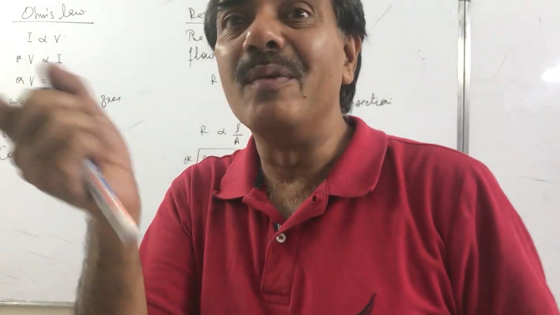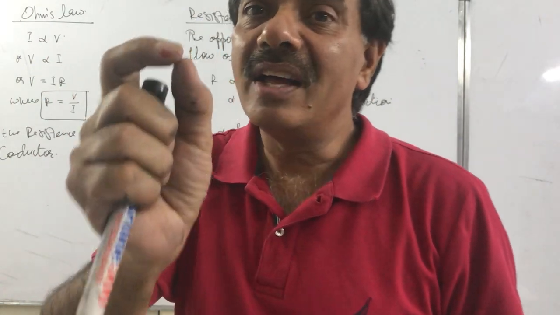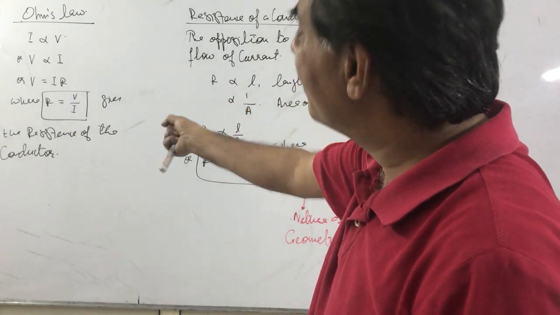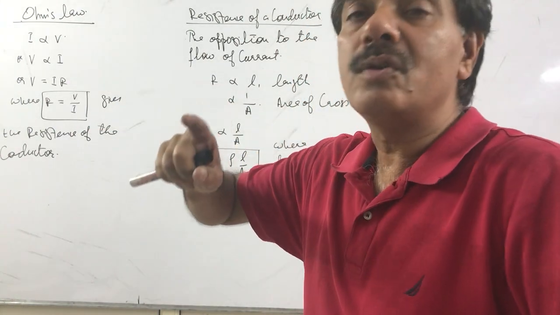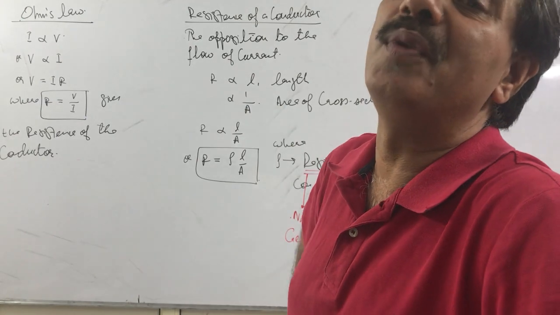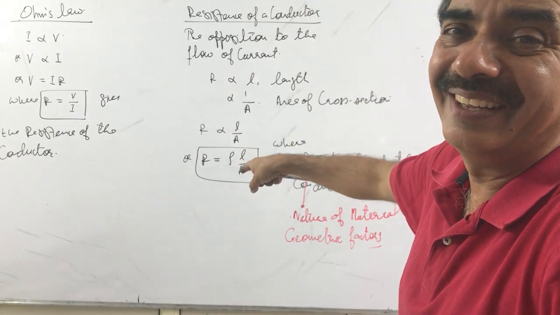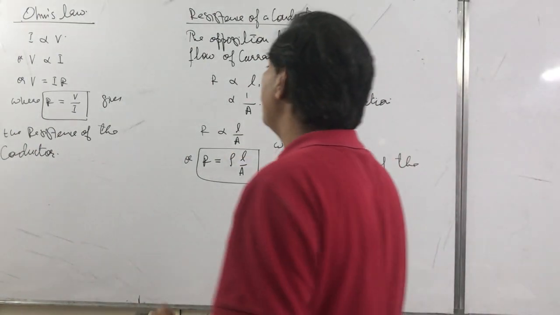C was Q by V. C does not depend on Q or on V. Similarly, the resistance is given by V by I, but the resistance of a conductor does not depend upon V or I. The resistance depends upon geometric factors and nature of material. Right? So R is V over I.